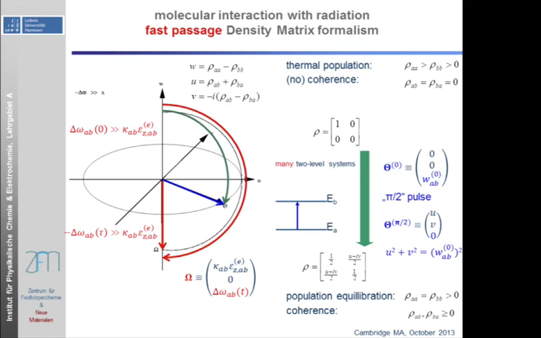In this picture, you just flip this vector from being very off-resonant to some transition, which means aligned to the w-axis, 180 degrees to the opposite direction.